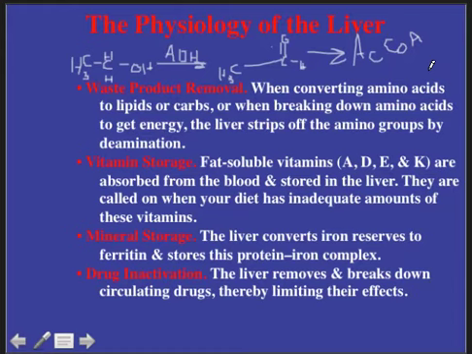Now, the thing I want you to pay attention to is this molecule right here, acetaldehyde. We've looked at pictures in the lab of tissues that have been preserved using a compound called formaldehyde.